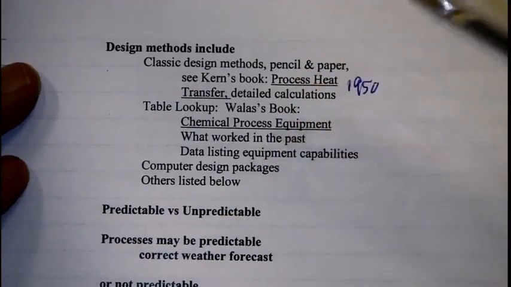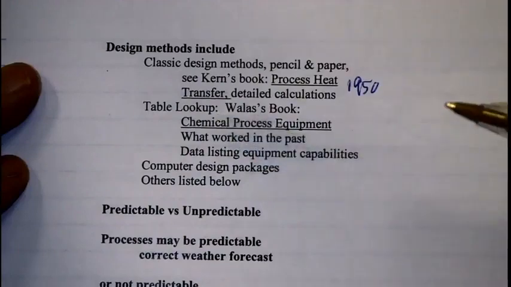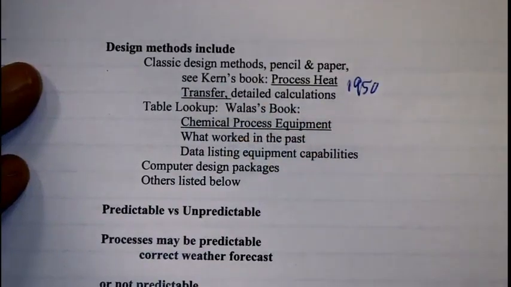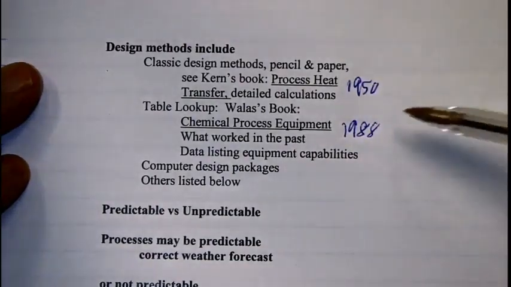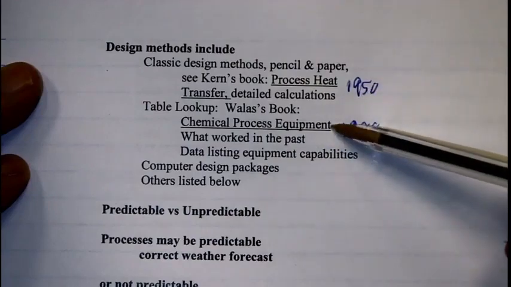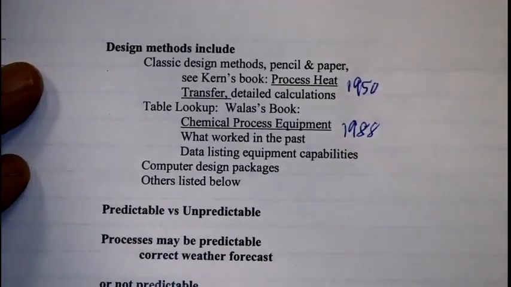So the alternative to detailed calculations would be simply a table lookup. And we have Walas's book, a fantastic book. I think this came out in 1988. So we step out of the realm of detailed calculations to data listings of equipment capabilities.